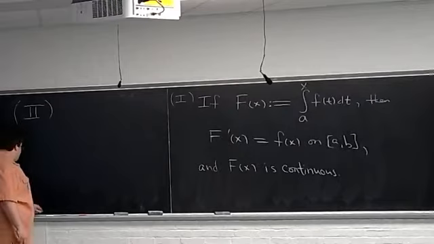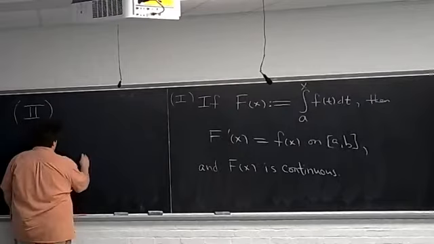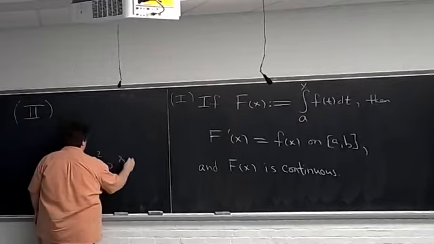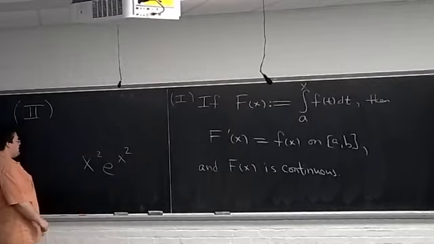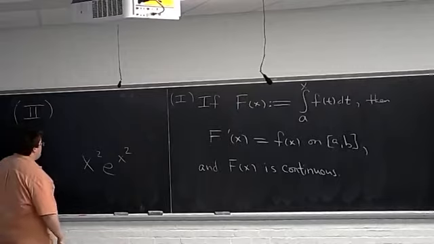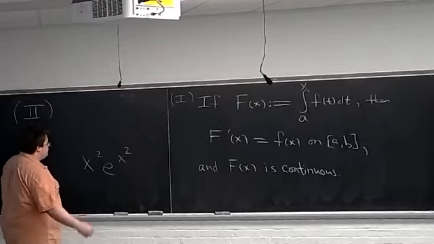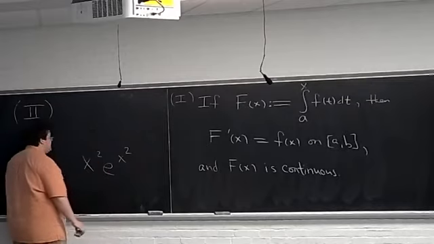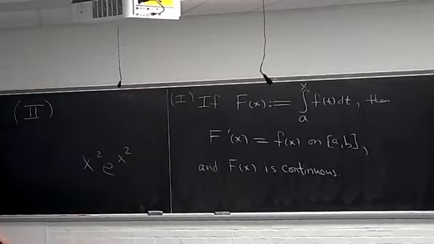Meaning if you wanted to find an antiderivative of, say, x squared e to the x squared, something like that, well, there's no product rule. None of the rules we have apply to this. So it's not immediately obvious that that function actually does have an antiderivative.